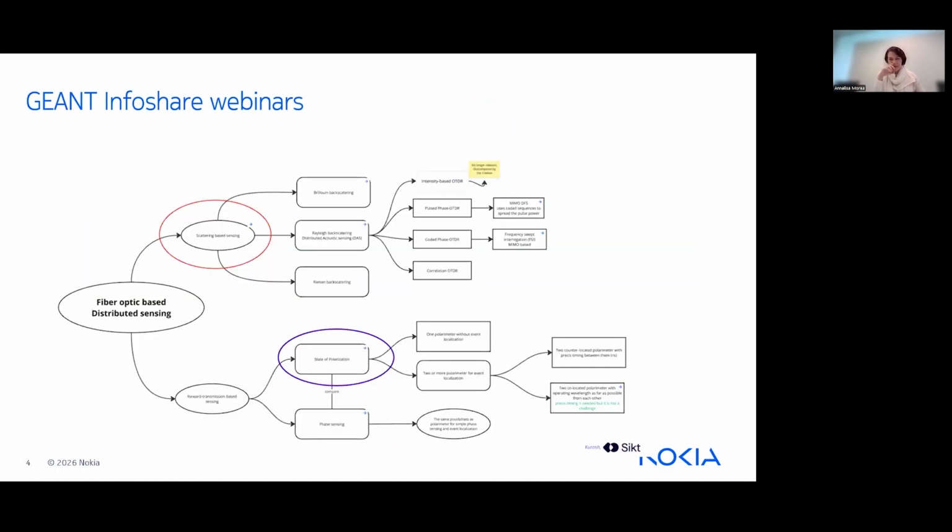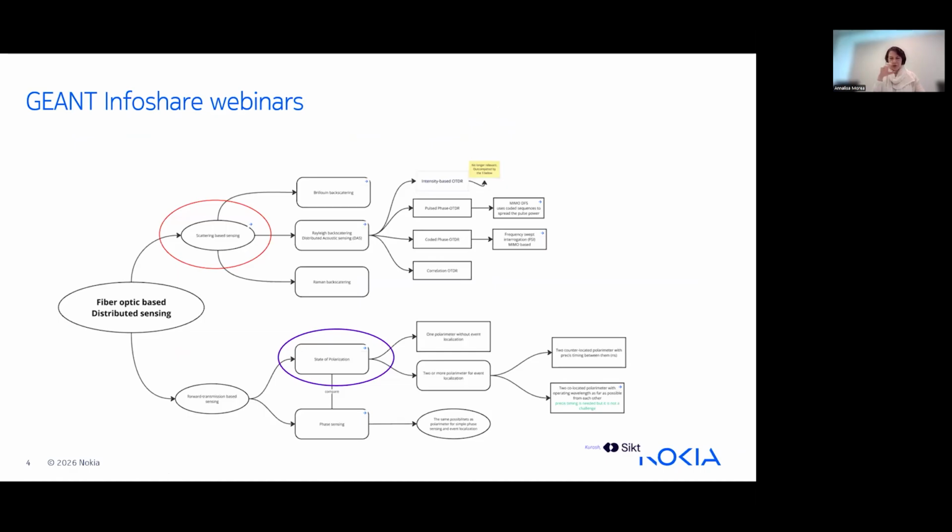As was anticipated in the introduction of this webinar, there were two sessions organized by GÉANT, and the first one was presented last November and focused on distributed sensing, and now there is this one about the SOP.